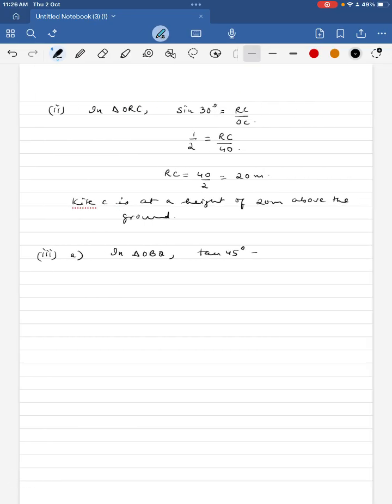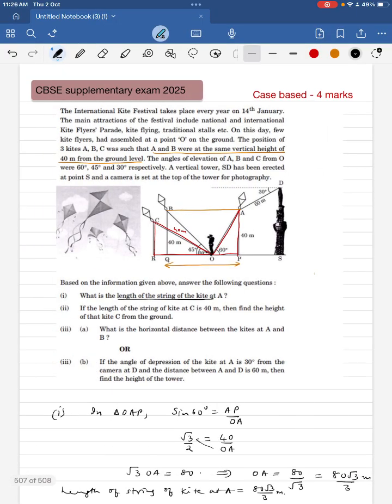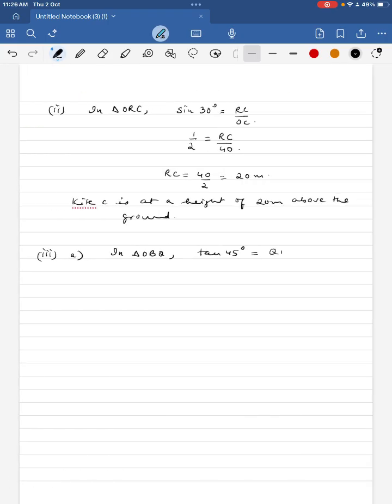Tan of 45 degrees is equal to opposite side by adjacent side, that is QB divided by OQ. Now tan 45 we know is 1 and QB is given to be 40 meters and OQ is what we're trying to find out. So OQ will be equal to 40 meters.